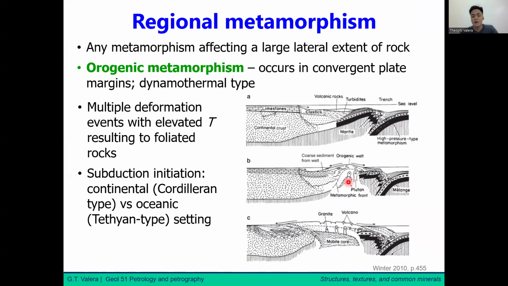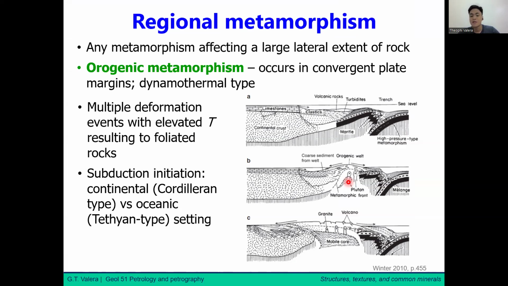That is actually another type of regional metamorphism. Okay? However, the term or the specific type of regional metamorphism that is usually associated with regional metamorphism is what we refer to as orogenic metamorphism. So orogenic metamorphism is actually the subtype, so to speak, of regional metamorphism, which is used sometimes interchangeably with regional metamorphism.